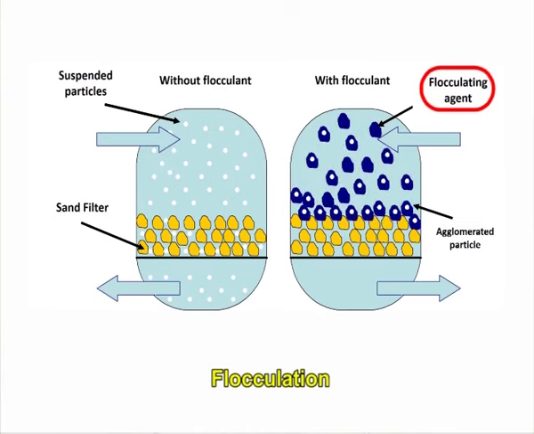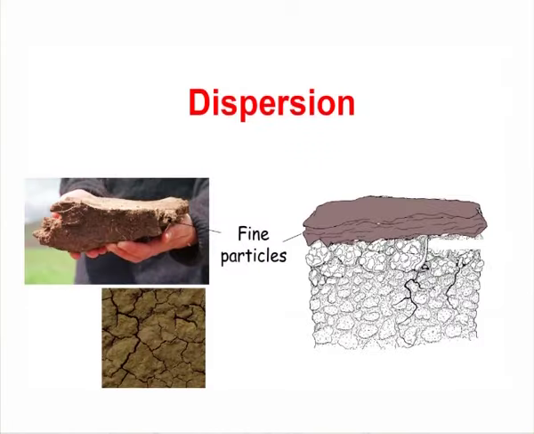This phenomenon of coalescence and formation of flocks is known as flocculation. The reverse process of the breaking up of flocks into individual particles is known as dispersion or deflocculation.